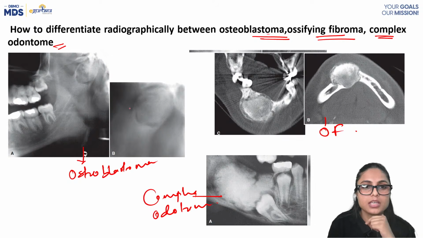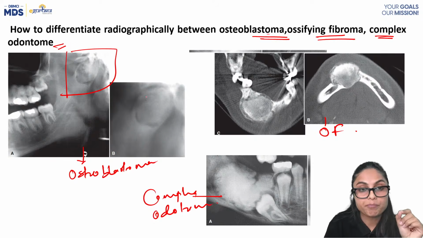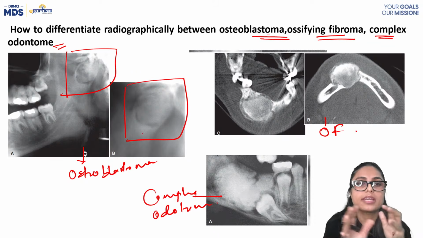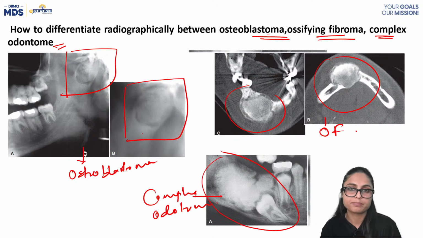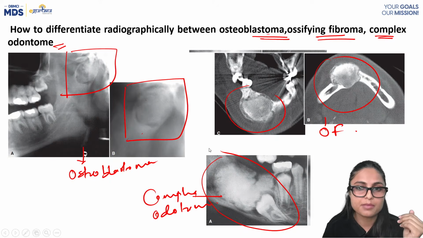Can you tell me what differentiating points you can see over here? First I'll explain, then you will understand it better.